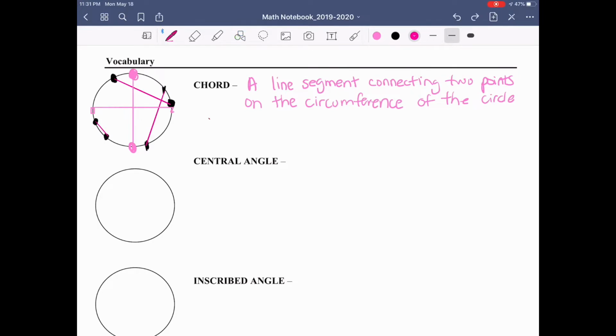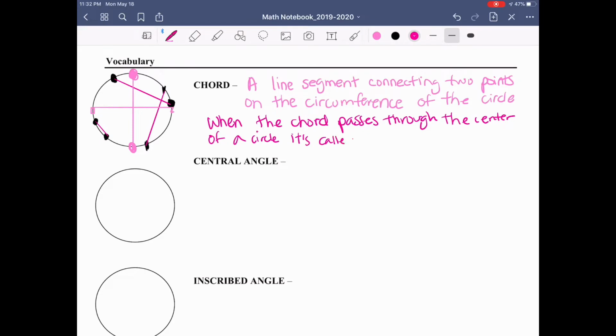When the chord passes through the center of a circle, it's called a diameter. Okay, so a chord is any line segment that connects 2 points on the circumference of a circle.